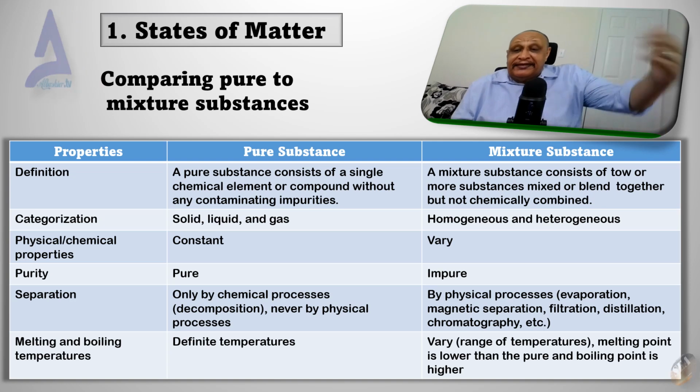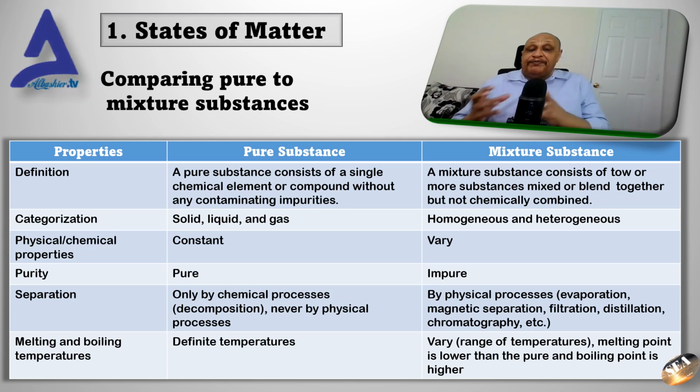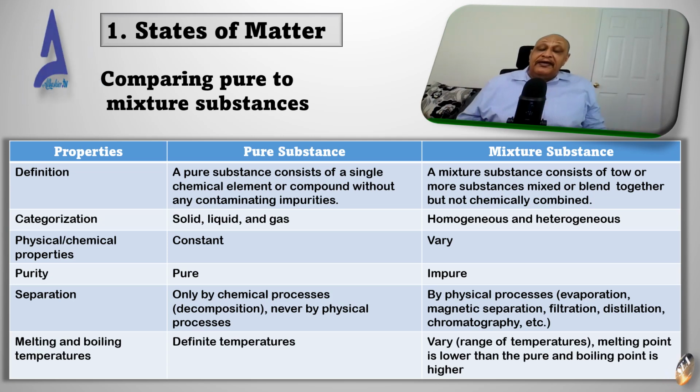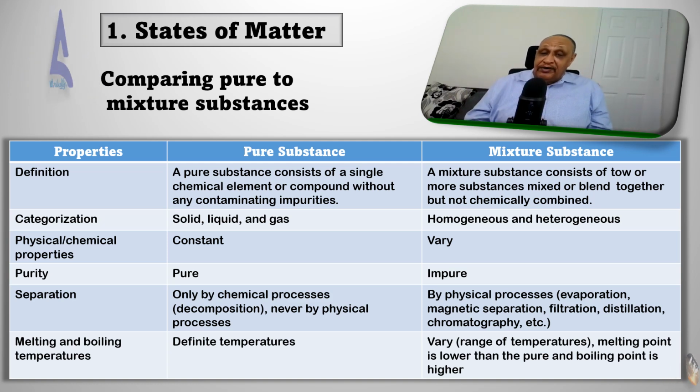However, this is different in the case of a mixture. We can use a physical process in order to separate them by using evaporation. If I have a salt solution, I just evaporate the water, then the salt is going to be left in my beaker.